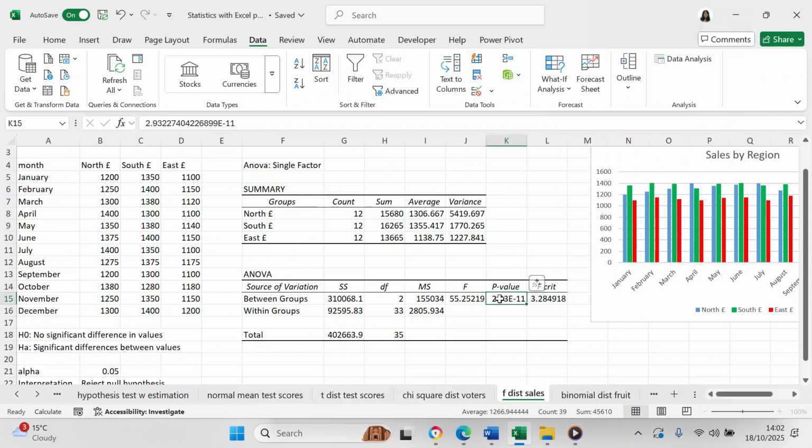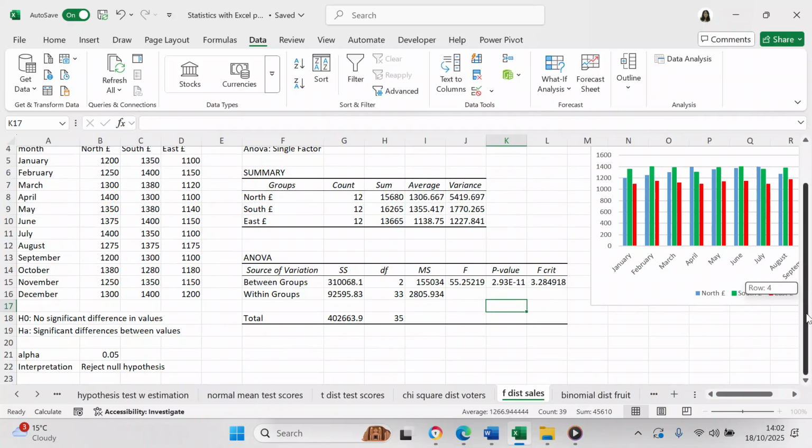So your P-value is really low, and it's definitely lower than 0.05. So you're going to reject the null hypothesis. The null hypothesis is no significant difference in values, and the alternate hypothesis is that there are significant differences between values.